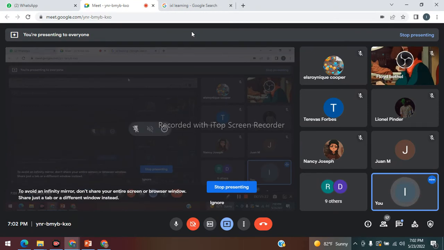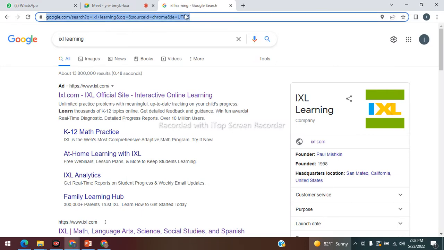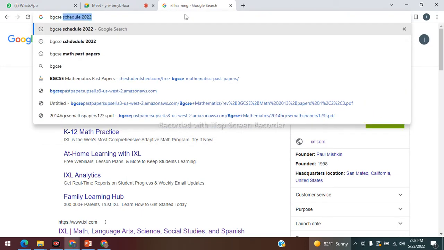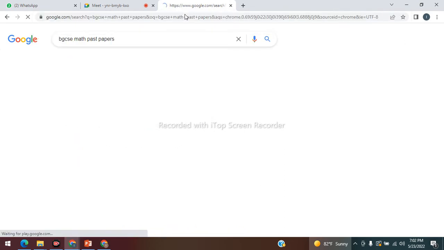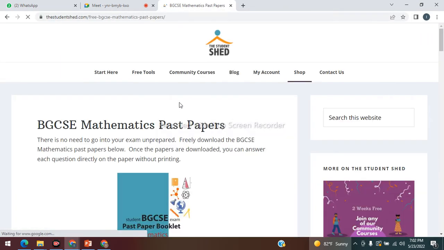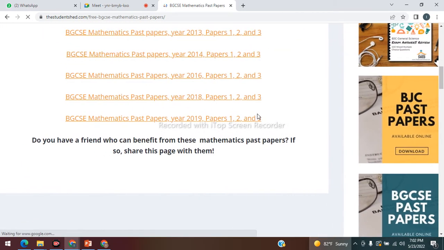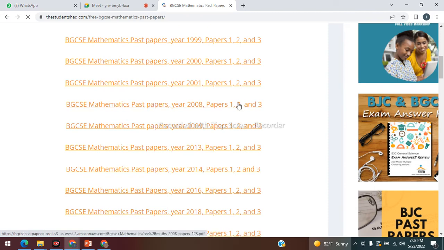I want us to go over bearings today. Whatever questions I see on the BGCSE that involve bearings, we'll just do it, and start from say 2008.